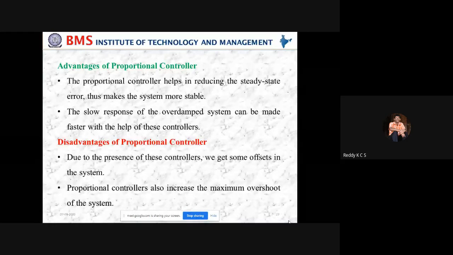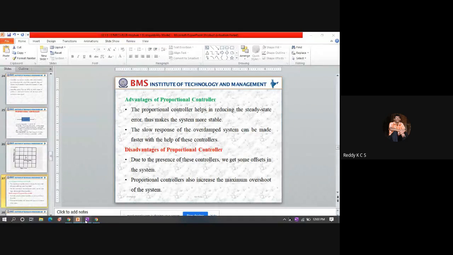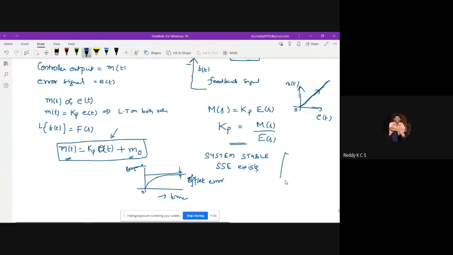And the proportional controllers also increase the maximum overshoot of the system, in the case of an oscillatory system. What is meant by maximum overshoot? This is the behavior of the curve, an exponential behavior of the curve. If I have a sinusoidal response like this, then this is the desired output and there is an offset here. As the time increases, this is the response of the system.